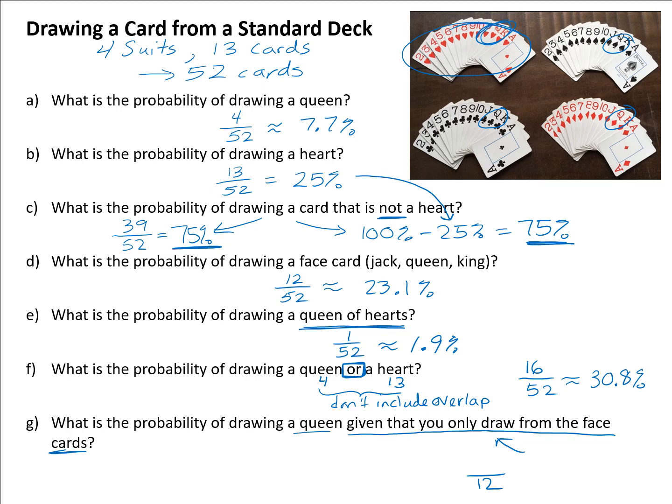And the probability of drawing a queen, if you're only looking at the face cards, there are 4 queens. So 4 divided by 12 gives me a 33% chance, or 33.3% if I round at the first decimal point. So you have to sometimes consider perspective, and that will often be given to you in the wording.